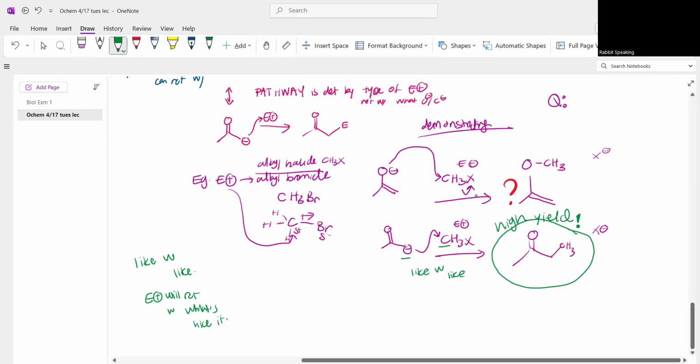Okay, let's see. He introduced this as soft. I think it was because having a negative on an oxygen is more soft than having a negative on a carbon, which is hard. And so we will react with a hard pathway versus a soft pathway or something like that.